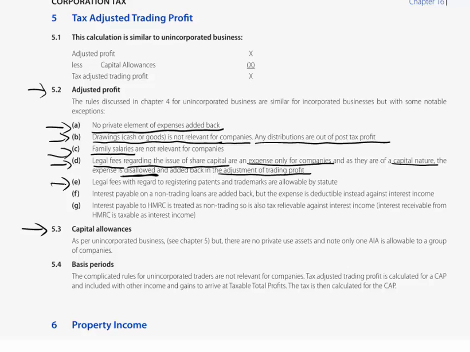Also on legal fees, with regard to registering patents and trademarks, we spoke about royalties a moment ago, then legal fees to do with that are specifically allowed. Interest payable. Interest payable on a non-trading loan. Now, I mentioned a moment ago about the legal expenses in connection with the raising of loan finance.